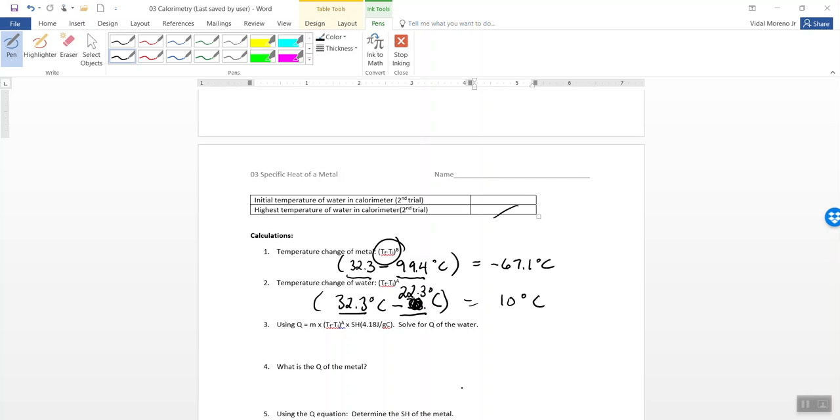All right, so since what we need is specific heat of the metal, and we don't have all the pieces of information, then we need to find how much energy the metal absorbed. Remember, we will have mass, we will have change in temperature. This is what we need to know. We can't have two unknowns. So how do we find Q? By finding the Q of the water.